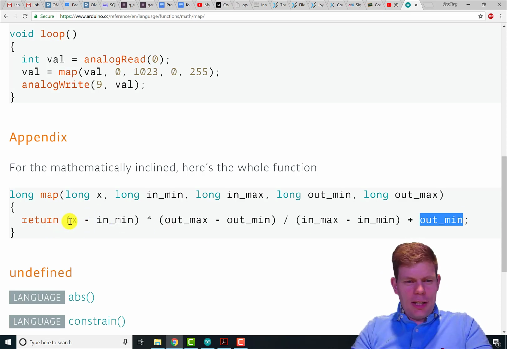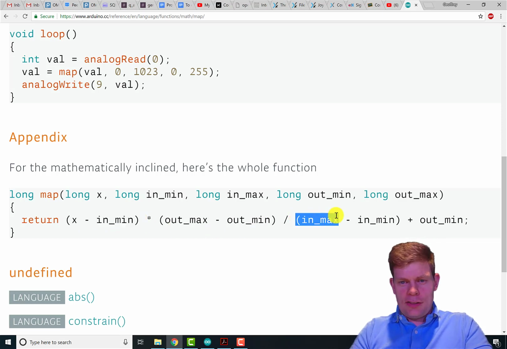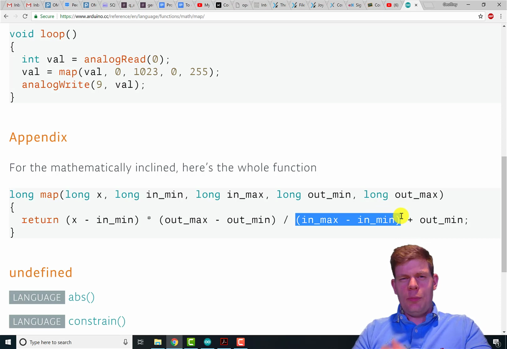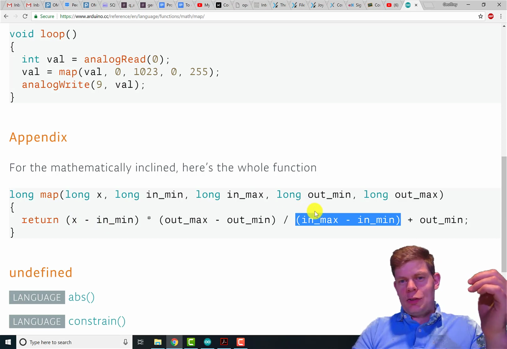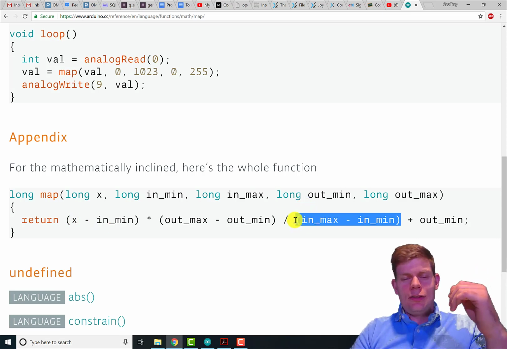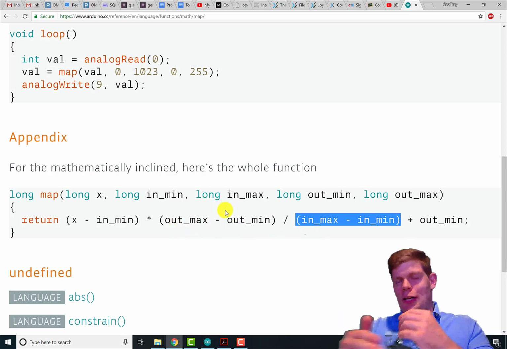So yeah, take a look at it, think about it for a while. It should help a lot if you think about this dividing by this as being the percentage of the way x is from in min to in max. And then this is what that percentage should be transferred to.